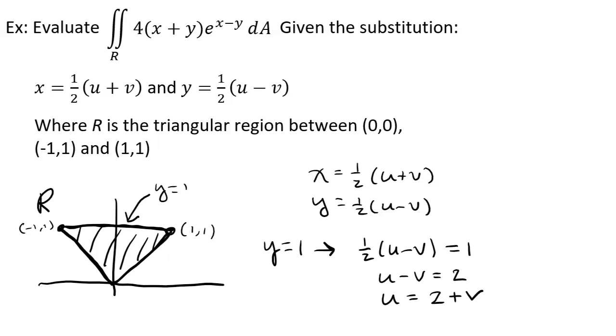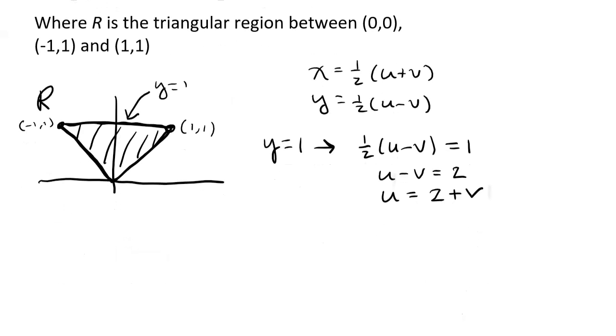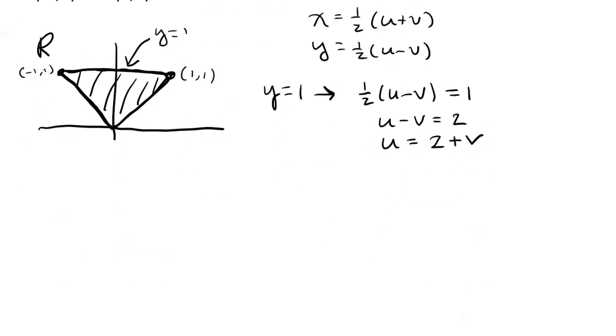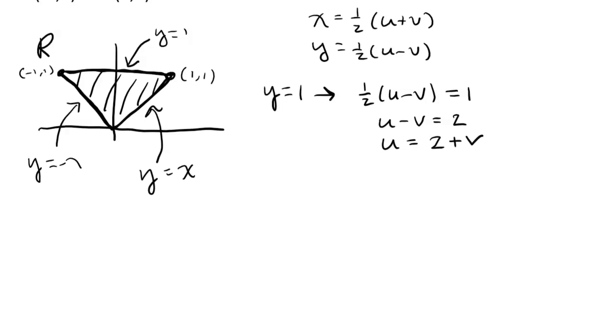Now let's try and do the same with the other ones. So taking a look at our region, let's look at this line between the origin and (1, 1). Well, if we find the equation of that line, that's the line y equals x. And while we're at it, this other line is y equals -x. So let's look at y equals x and see what u and v look like there.